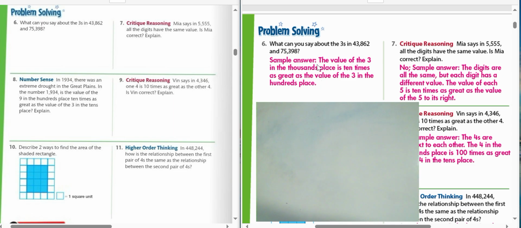You can write the simple answer here: the value of the 3 in the thousands place is 10 times as great as the value of the 3 in the hundreds place. Question number 7.